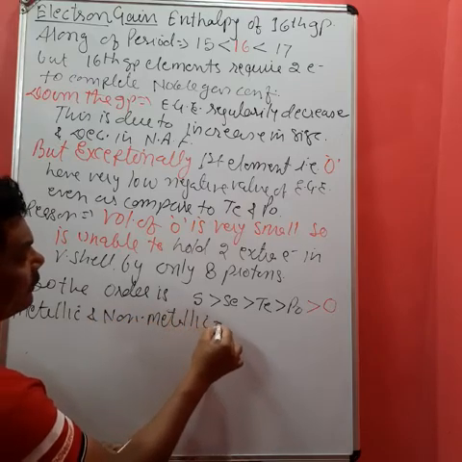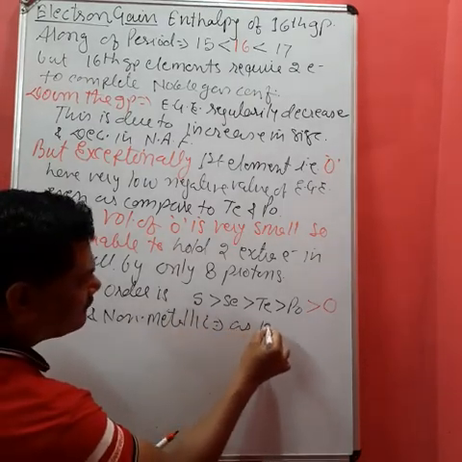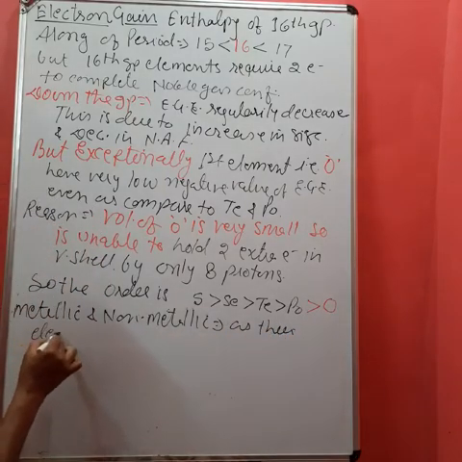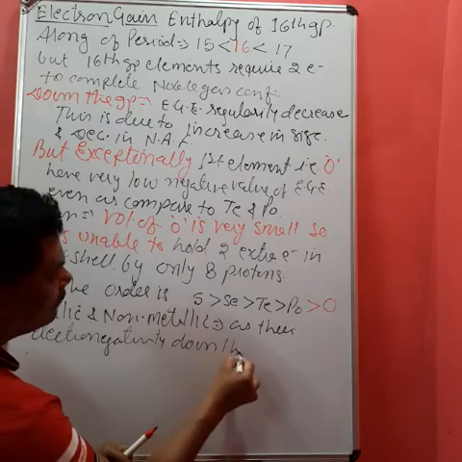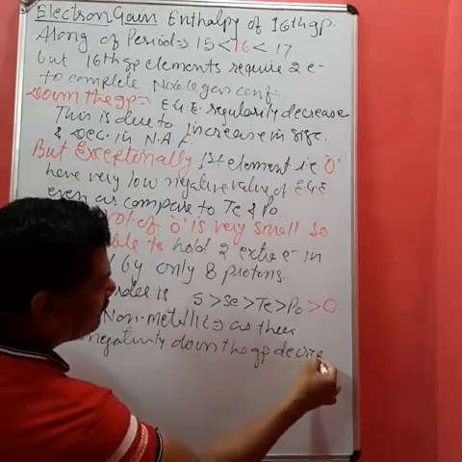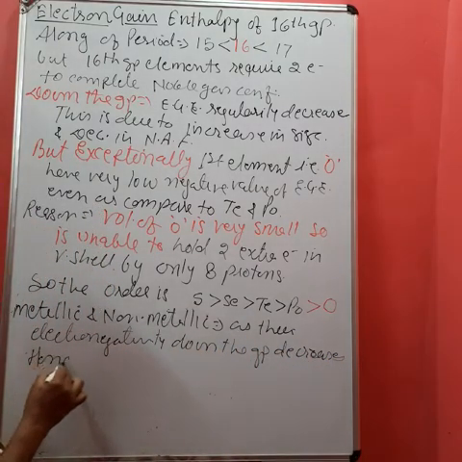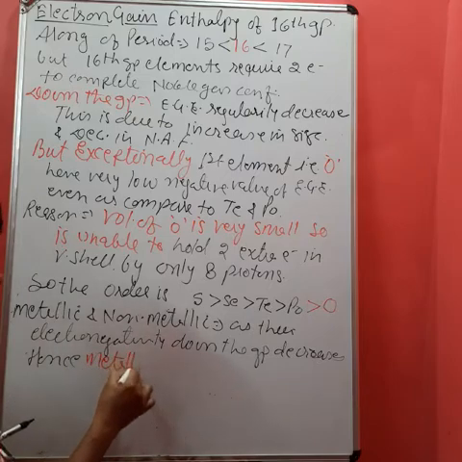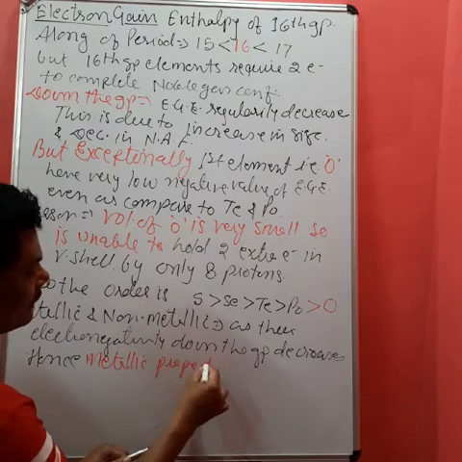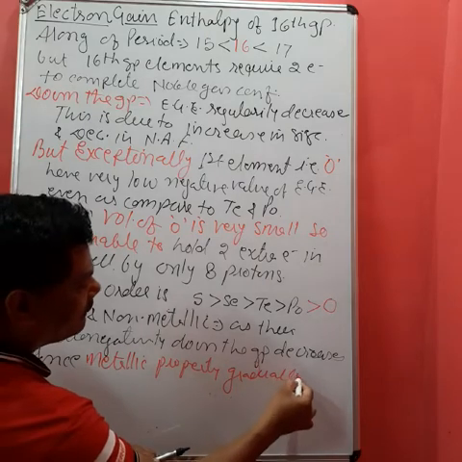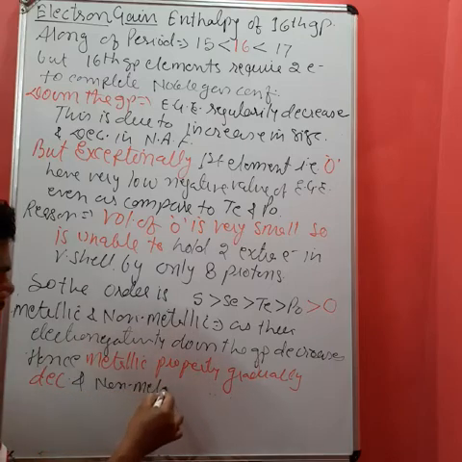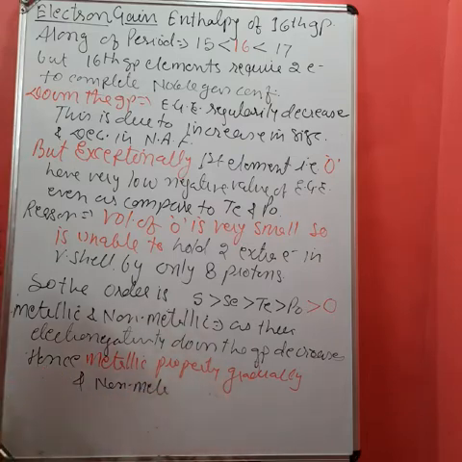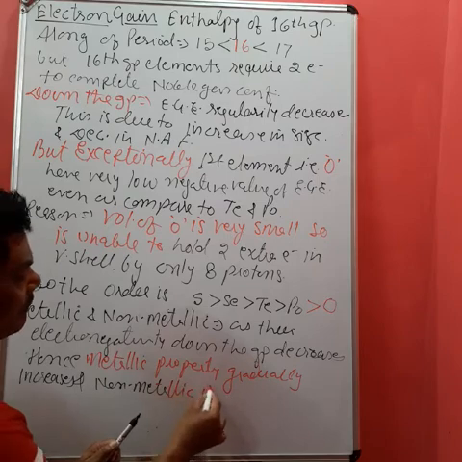As their electronegativity down the group decreases, hence metallic property gradually decreases... and consequently non-metallic property, metallic property gradually increases and non-metallic property decreases.